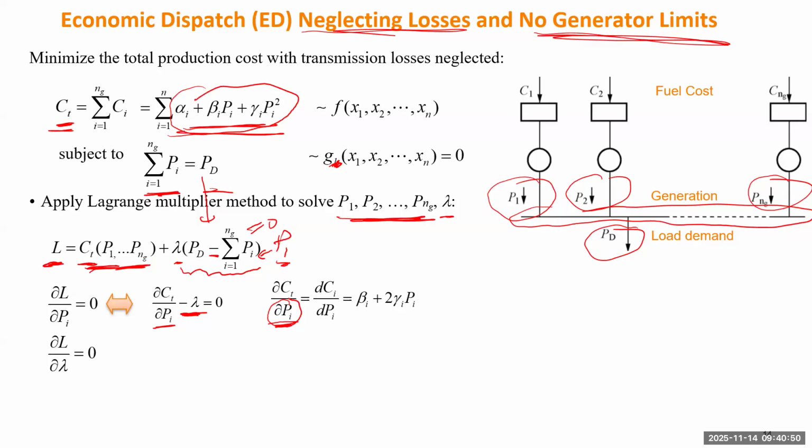Which means we only need to calculate this conventional derivative, dCi by dPi. So Ci here is actually just the cost for that power plant. And the Ci is actually from here. It's a quadratic function.